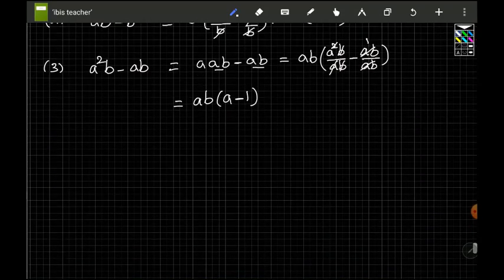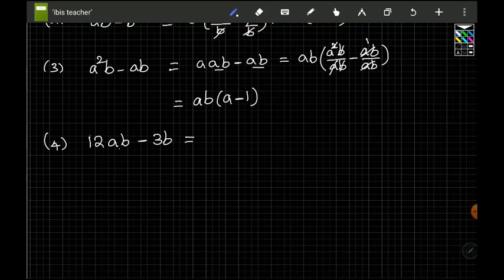Let's go for one more example. Suppose you are having 12AB minus 3B. Here each of the variables has some coefficient. AB has a coefficient of 12 and B has a coefficient of 3. B is present in both the terms and 3 is over here. In the 12 there is 3. If there is 5, we can't say that there is 3 in 5.